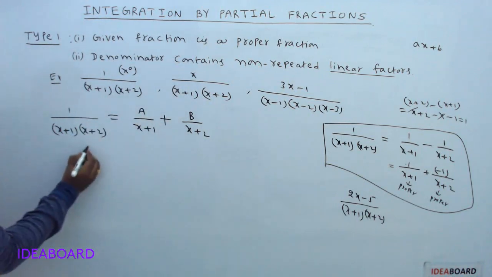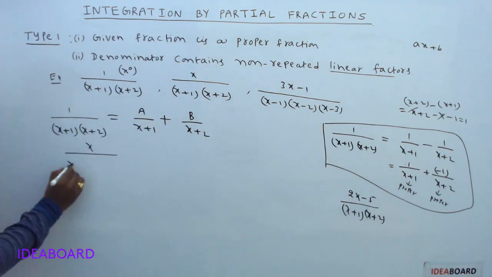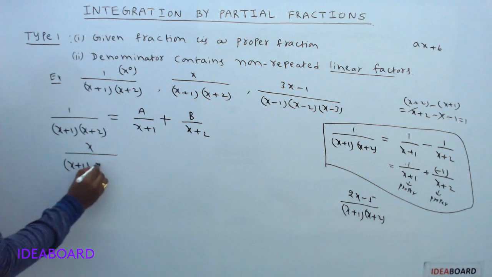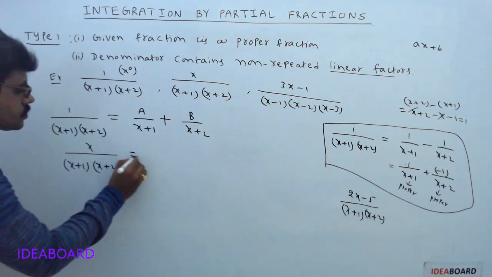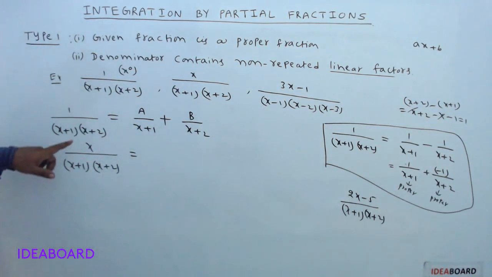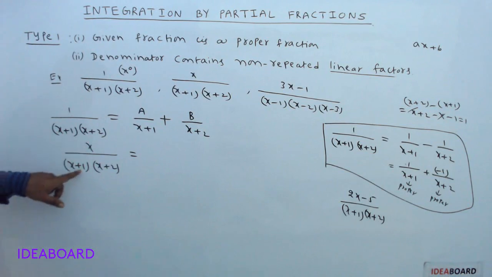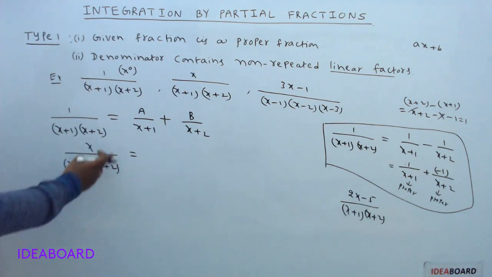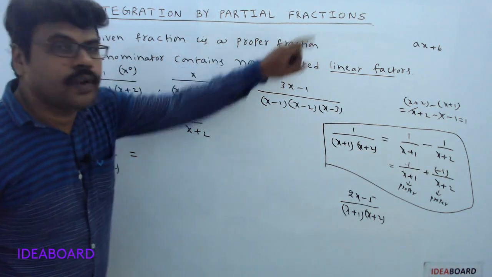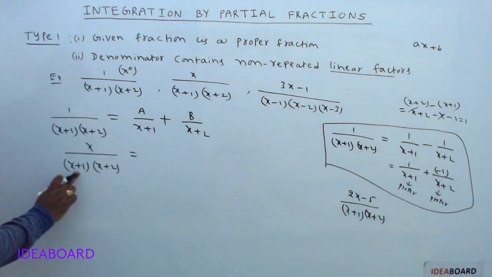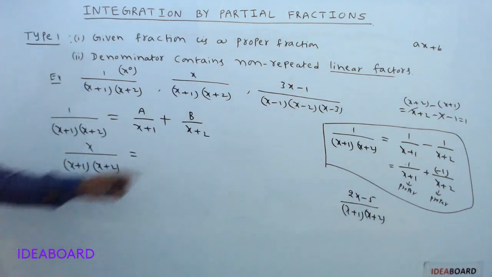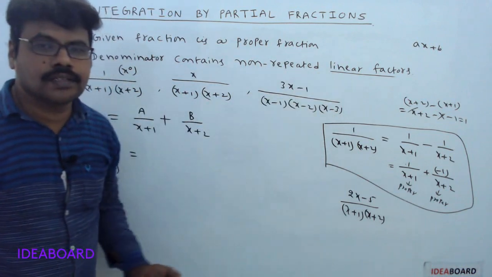Now take the other examples also. x divided by (x plus 1)(x plus 2). Now here the degree of the numerator is 1, the degree of the denominator is 2. So clearly it is a proper fraction. Next, the denominator contains non-repeated linear factors.